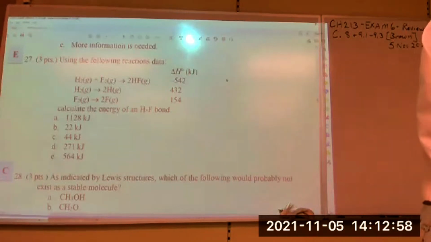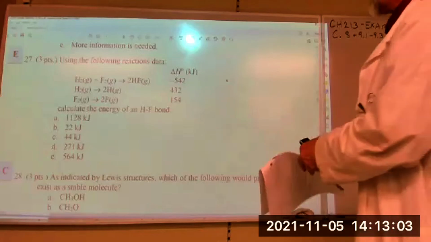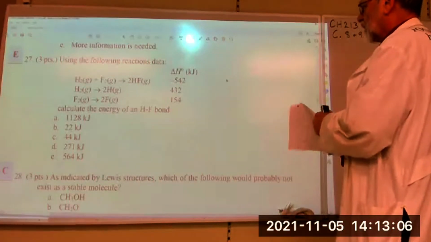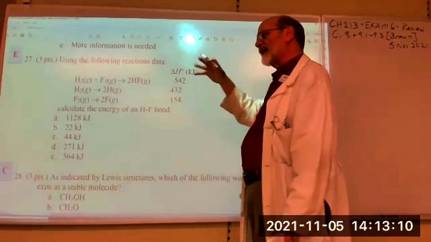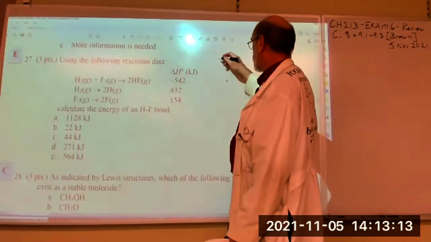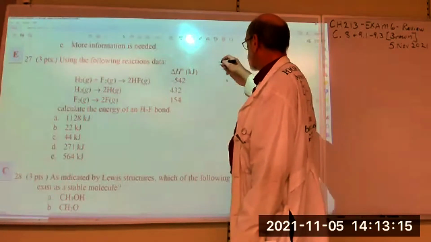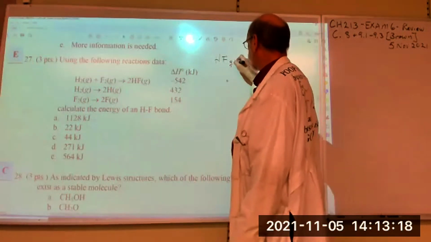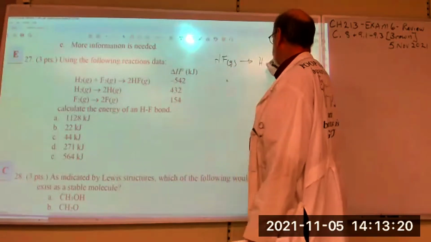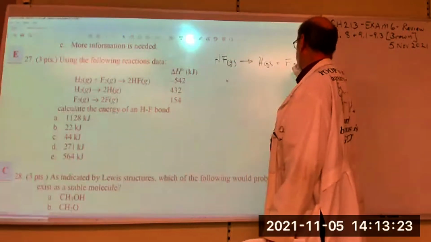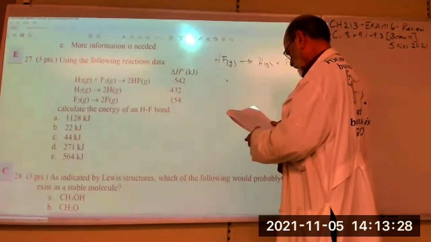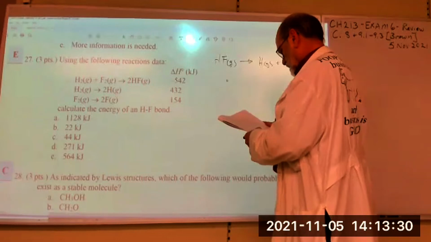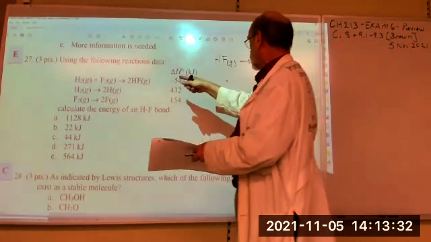Okay, yeah, okay. I had the right idea. The target equation is correct. If we're looking at the energy of the bond, it needs to be a gas, so we don't have any phase interferences. Right? So the energy of the bond, the target should be this one. HF gas yields H gas plus F gas. So I was right about that one.